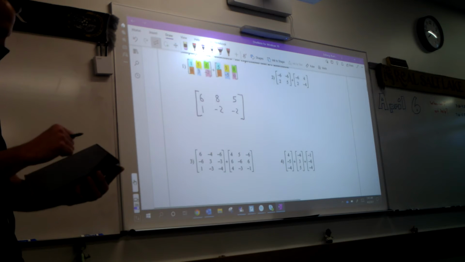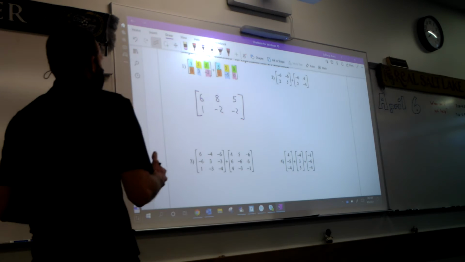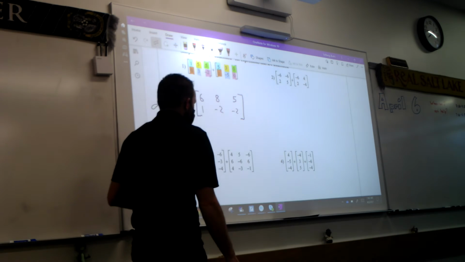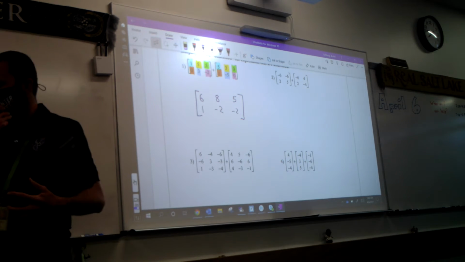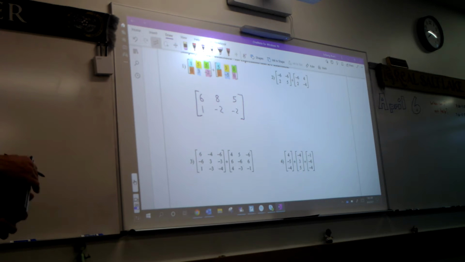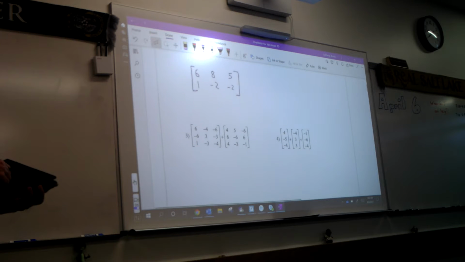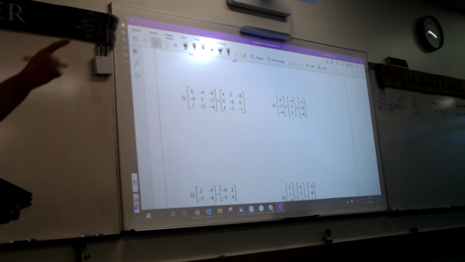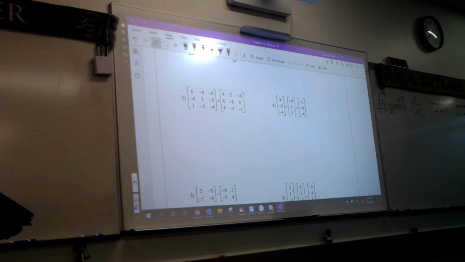Pretty simple, right? So if you're adding, you just take things that are in the same position and you add them together. Now, number 3, let's go through the same thing. So Josh, what is the order of the first matrix on number 3? Yes, Josh. The other Josh is online now, so you're the only Josh.